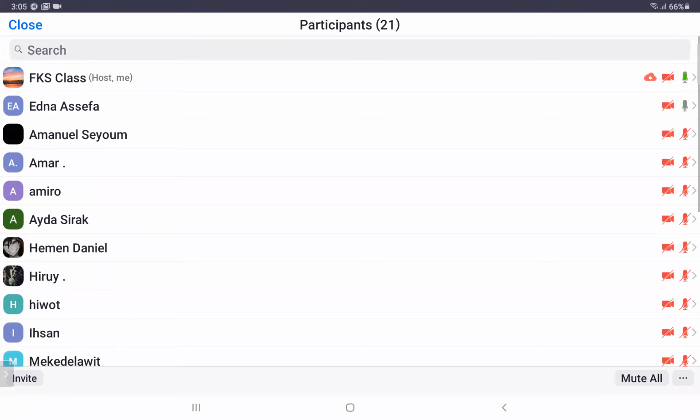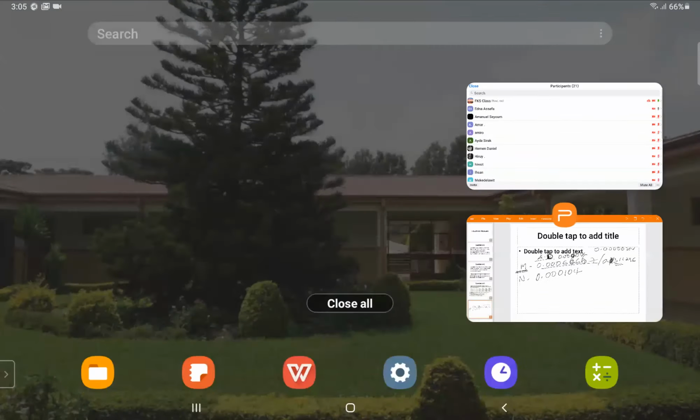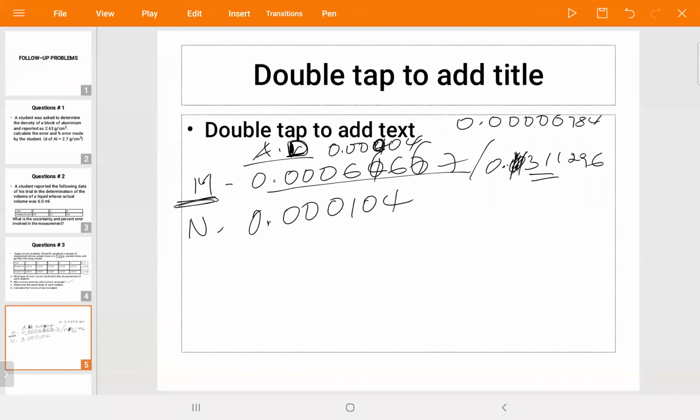What value did you get for student M? It is very easy. All you have to do is just subtract the average value from the individual measurements.